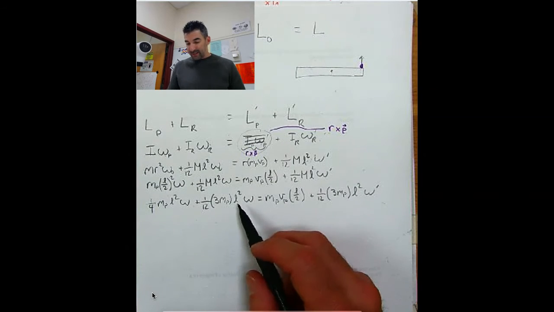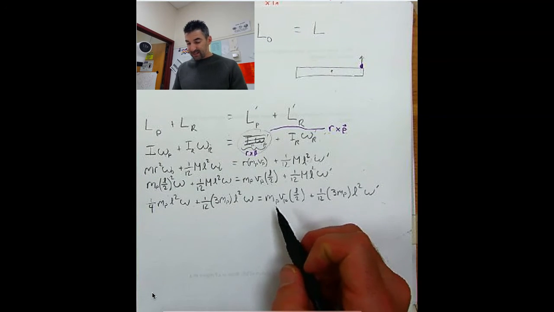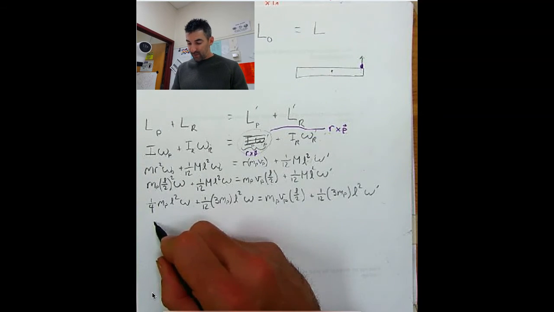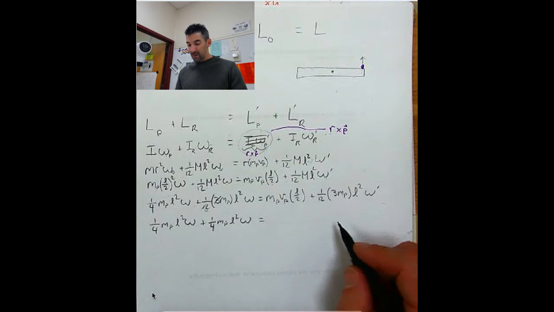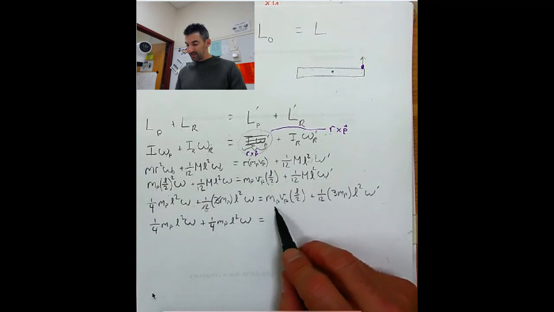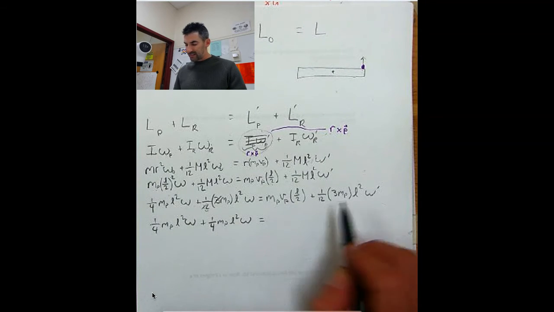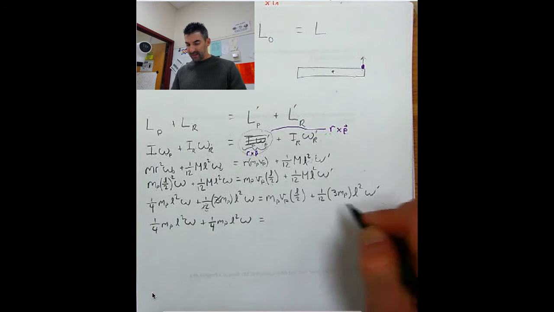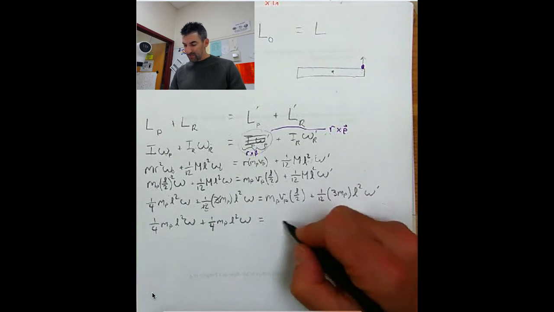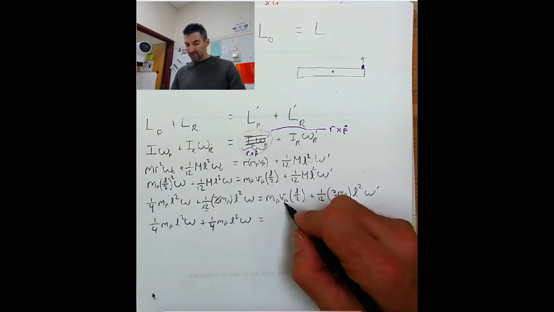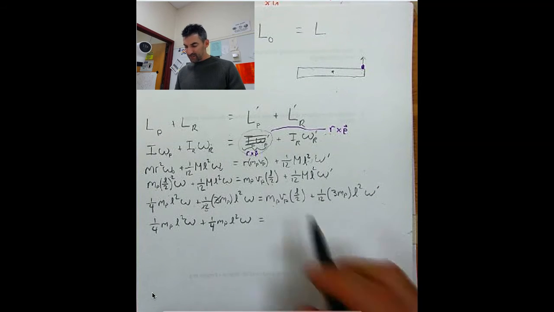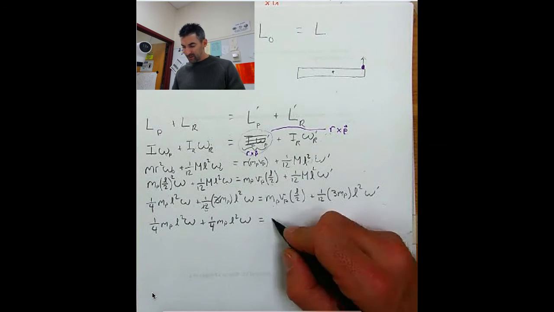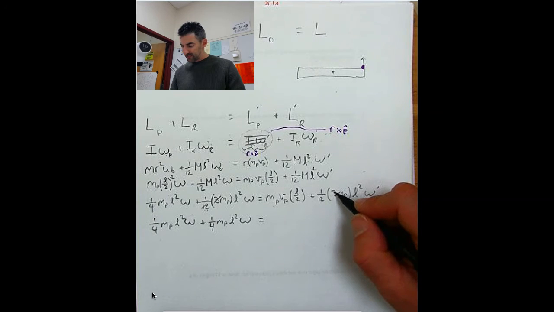Now I can start to simplify terms. I like what that looks like. Afterwards, there's not a lot of simplification here. I'm going to have my mass of the particle times the velocity. Let's see, what did I do here? Mass, I'm going to cancel that.